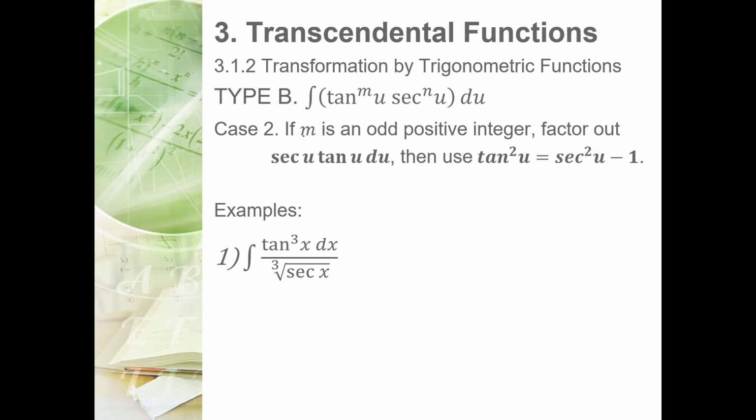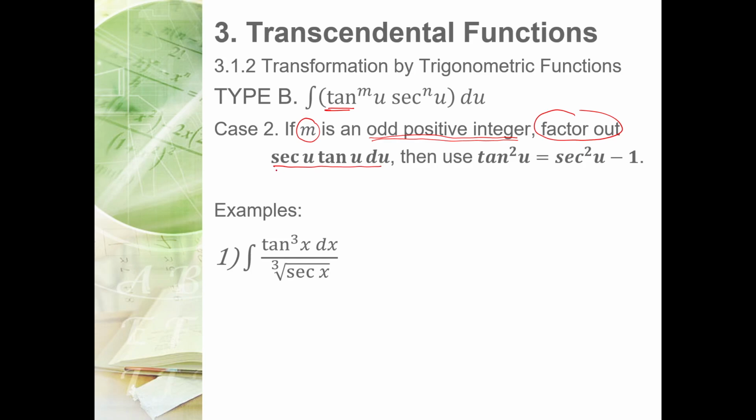So in the second case, m is positive, so that's the exponent of the tangent function. The tangent function should have an odd and positive integer exponent. After determining that, we need to factor out sec u tan u.